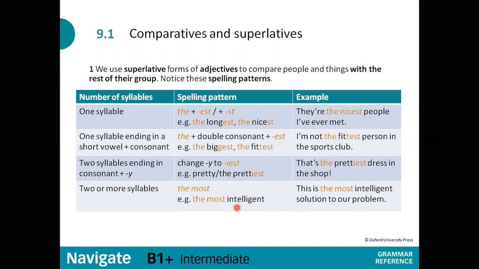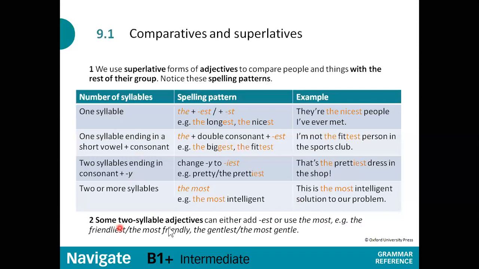That's why you should use the most before it. This is the most intelligent solution to our problem. So we have come up with different solutions to our problem, but this one is considered to be the most intelligent one. Okay, I hope it's understandable how to make superlative adjectives.